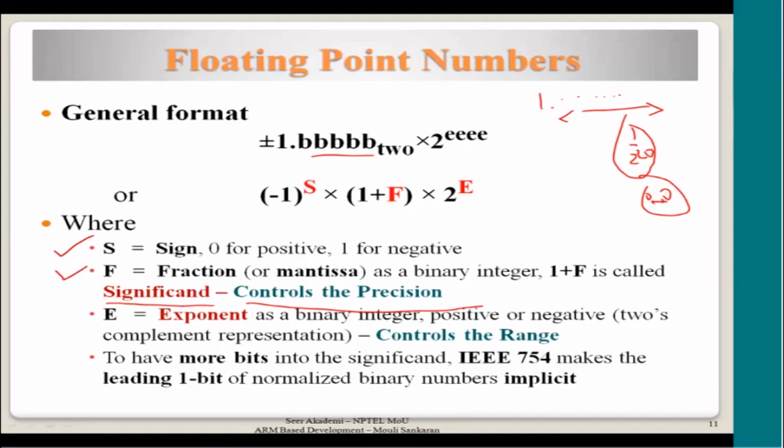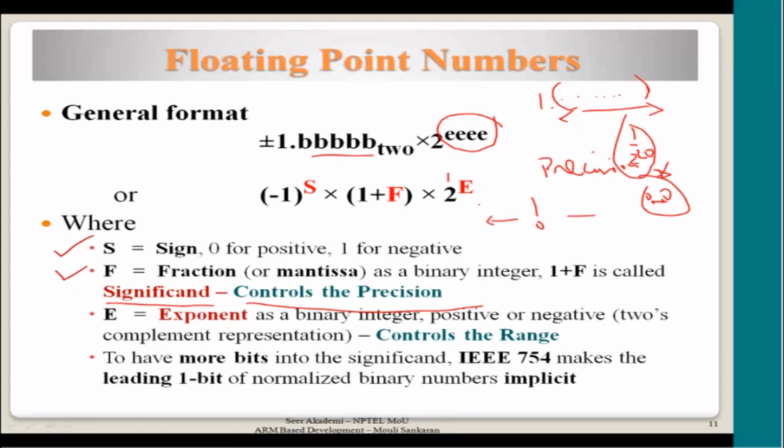So I can represent much finer details if I give you more digits to represent the fractional part of the number. So it improves my precision. What if I give you more bits to represent the exponent portion? I am increasing the range of numbers that you can represent, both positive and negative, correct?